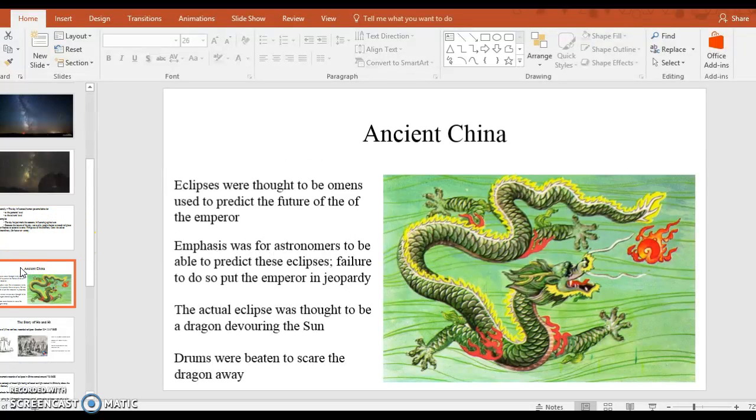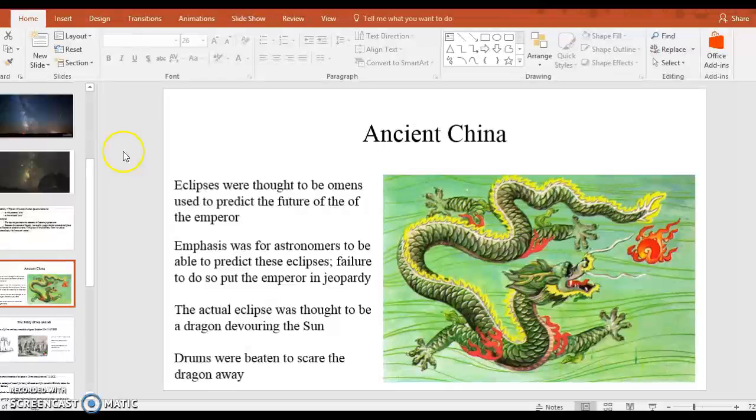And so one of the first cultures to really start to look at eclipses and document them in a quote-unquote scientific fashion were the ancient Chinese, and they were stellar astronomers, not to make a bad pun, but they were phenomenal astronomers. They kept very articulate records of everything they saw in the sky for thousands of years, and they're some of the best records for ancient cultures that we have.